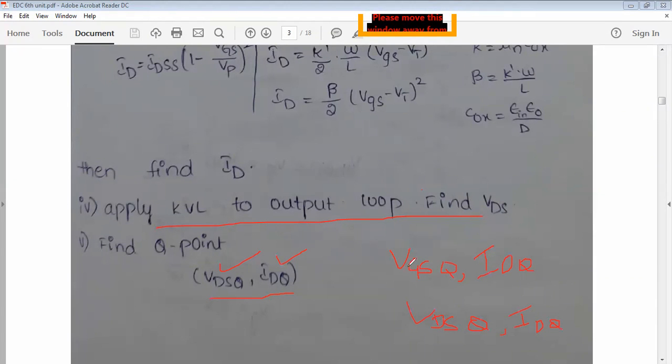You may represent it as VGSQ, IDQ or VDSQ comma IDQ. So these are the steps to solve the bias problems. Remember this one.